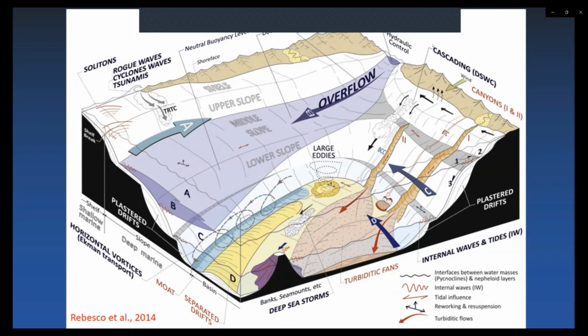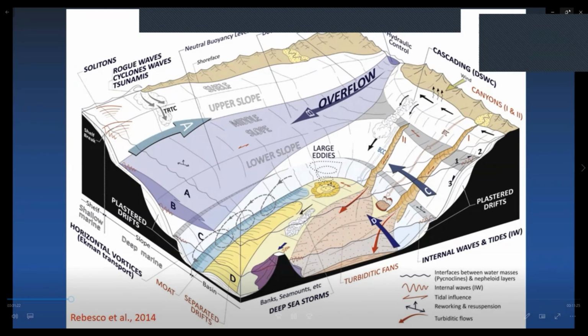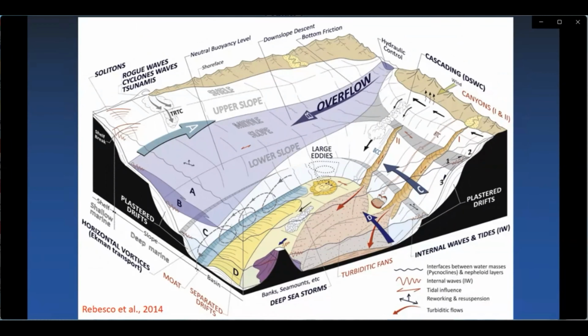The downslope is dominated by turbidity currents. In the water column, there is also large-scale water mass circulation and overflow. Also, there are some small-scale oceanographic processes, for example eddies and internal waves. They could also have influenced seafloor deposition.